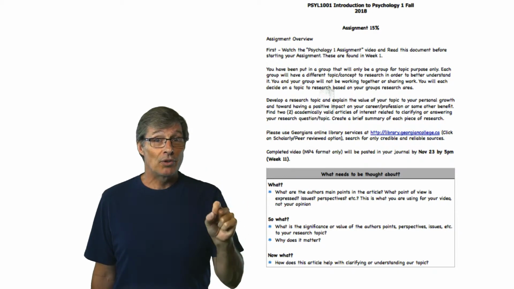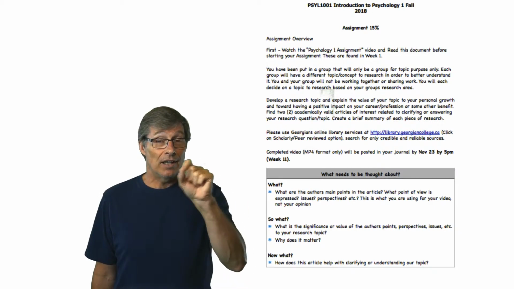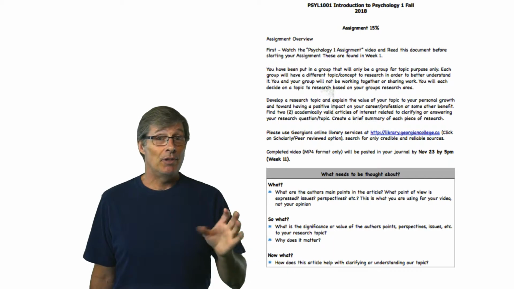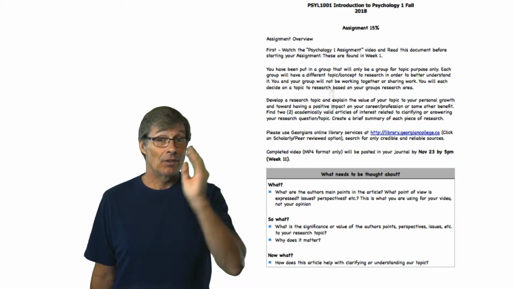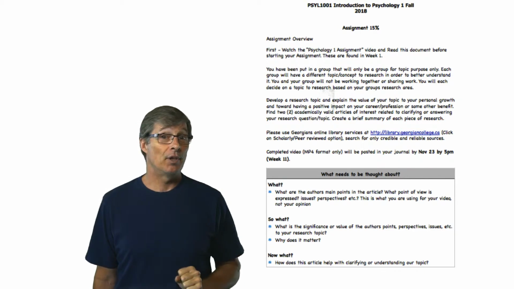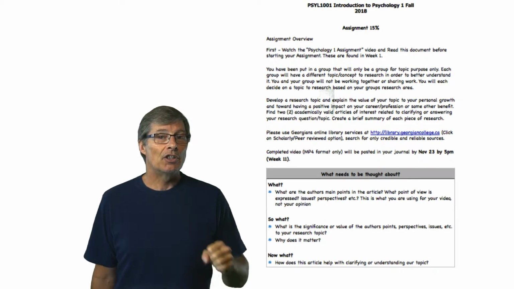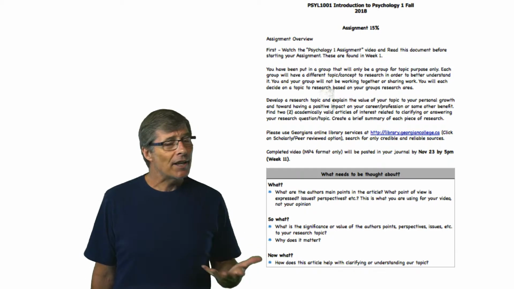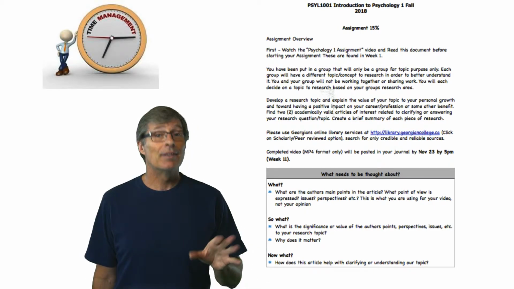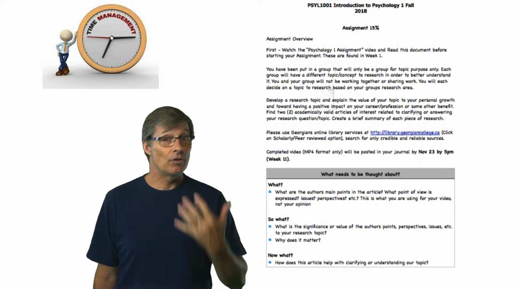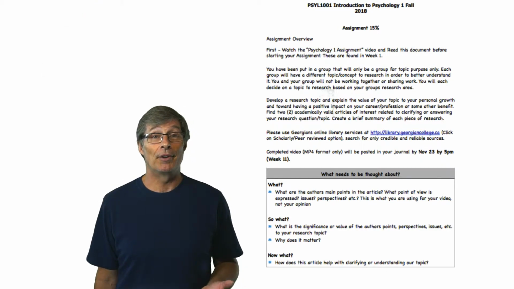So in week 11 there will be a journal called Assignment A Journal, and you can post your assignment in there whenever you have it done, as long as it's before the 23rd at 5 p.m. You'll be able to post your work before that date, of course, if you want. Time management, as I've mentioned, is important to this assignment and to this class because it's an online environment.